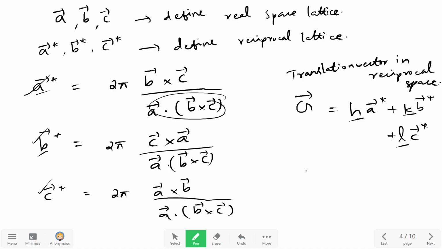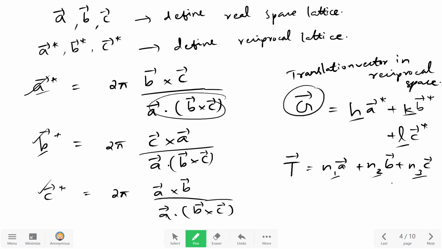In real space, the translation vector T is written as T is equal to n1 a plus n2 b plus n3 c. This was discussed in the previous video. Here n1, n2, n3 are constants, and if they are integers, then the lattice is called a Bravais lattice. Similarly, the translation vector in reciprocal lattice is given by G is equal to h a star plus k b star plus l c star.